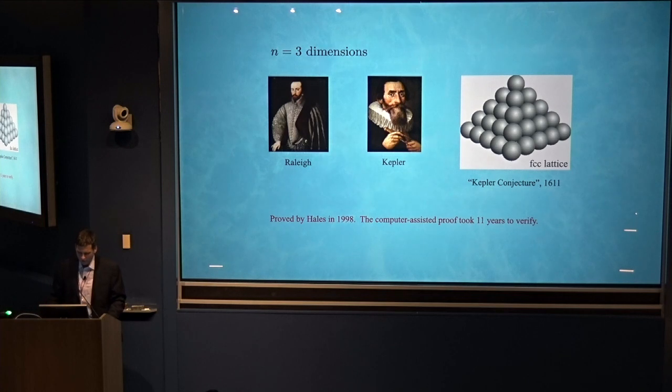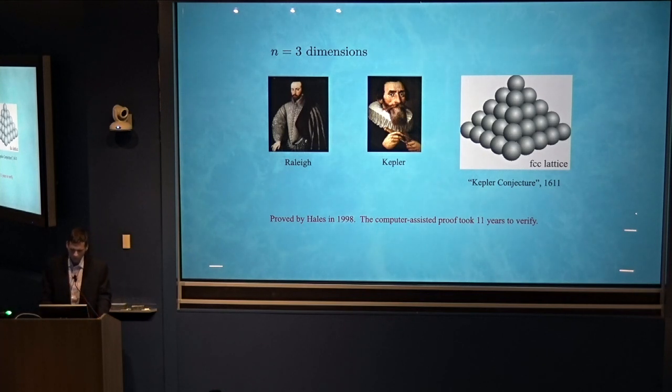The history is fascinating. This was a problem posed by Sir Walter Raleigh when he was trying to stack cannonballs on a ship. So this was a very practical math problem when it was first studied. He posed this question to a mathematician friend of his, and somehow it ended up in the hands of Johann Kepler.